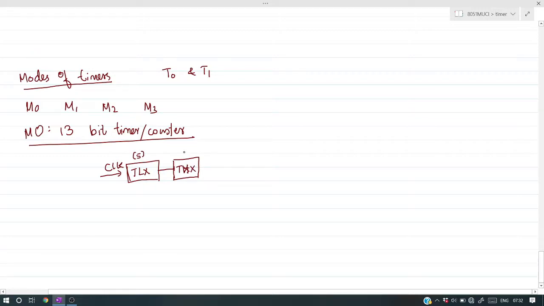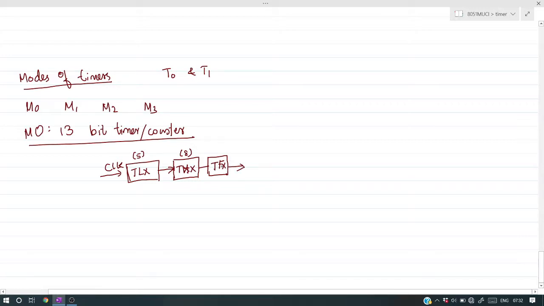THX is an 8-bit register, so totally 8 plus 5, 13-bit. So whenever this and this get overflowed, what happens? The overflow flag will be set, that is TFX. X may be 0 or 1, 0 for timer 0 and 1 for timer 1.